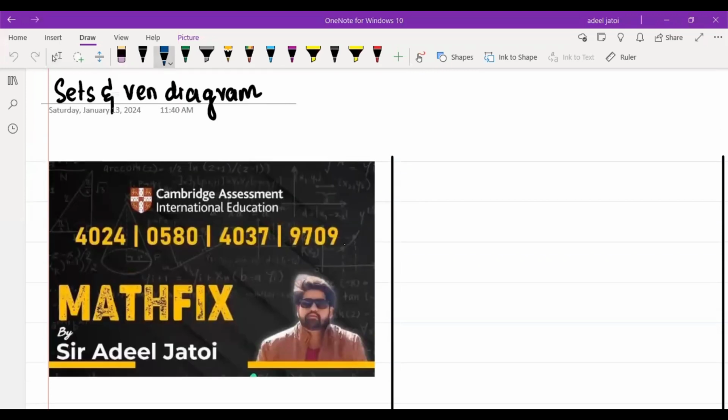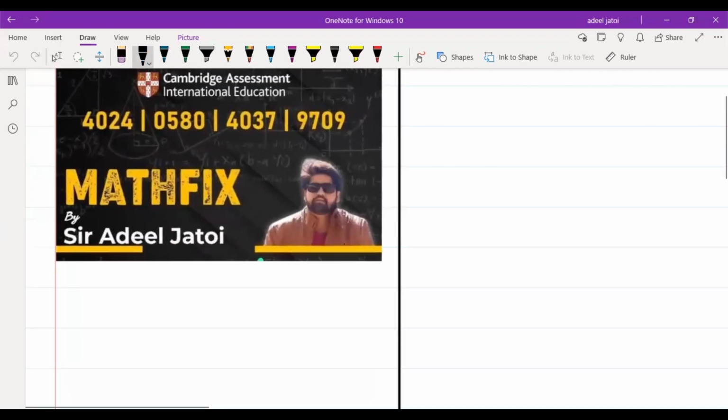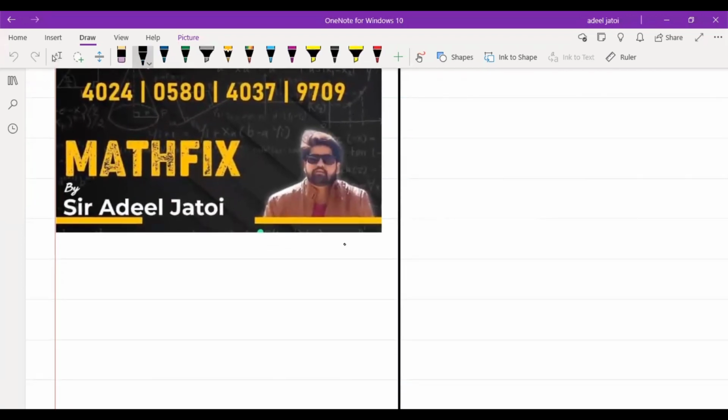Set and Venn diagram. Now, you need to understand the most important thing in sets.